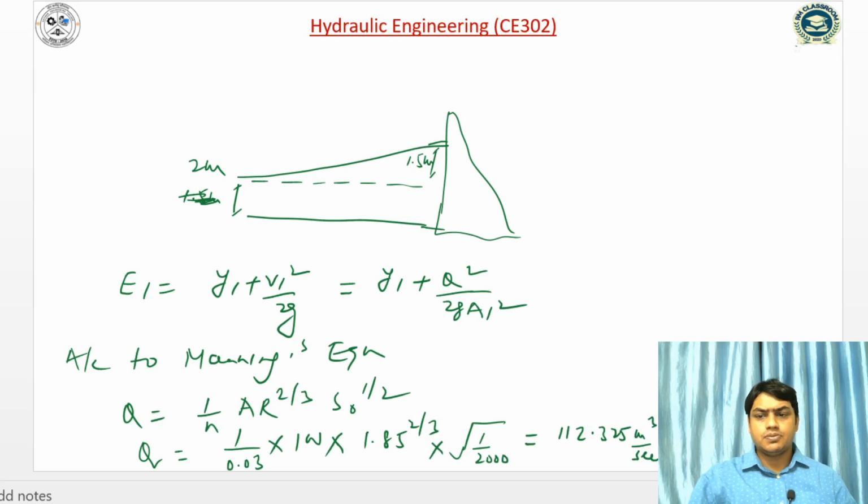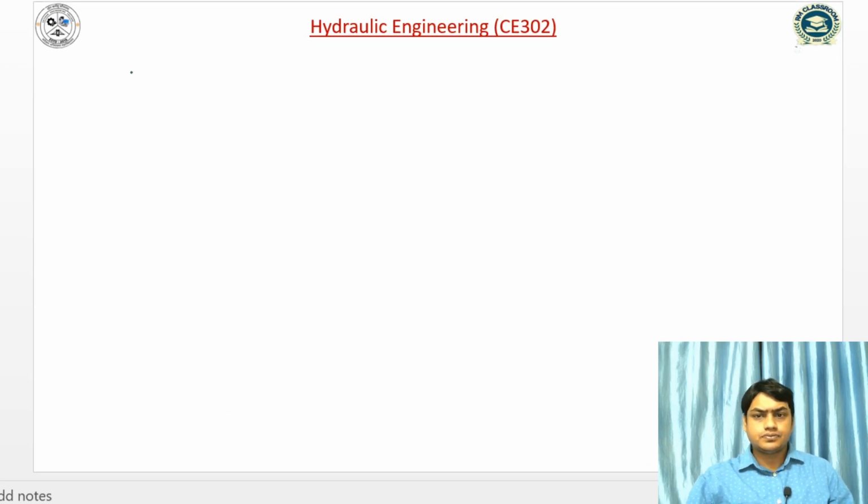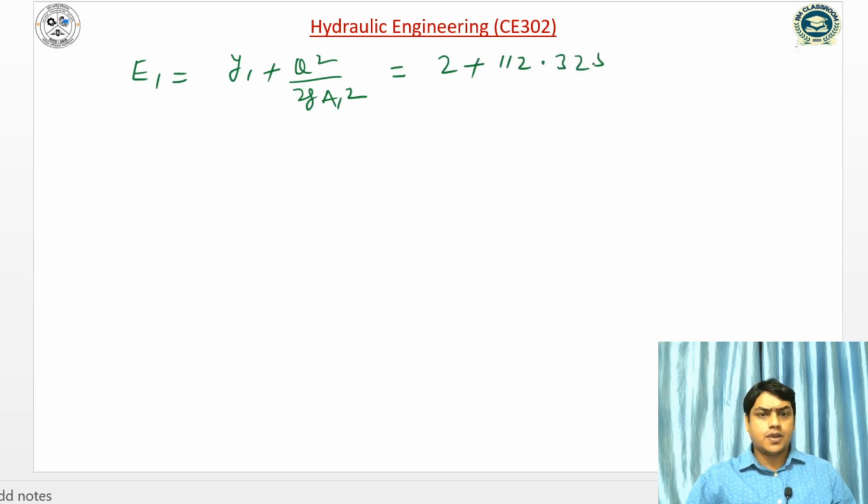So E1 is equal to y1 plus Q square by 2g A1 square. So it will be y1 is 2 plus 112.325 whole square divided by 19.62 into A1, A1 is 100 square.